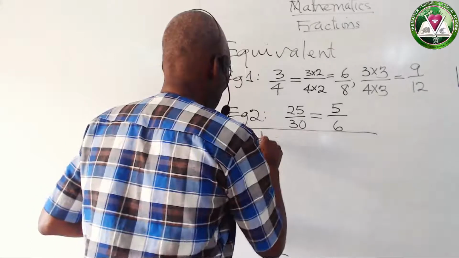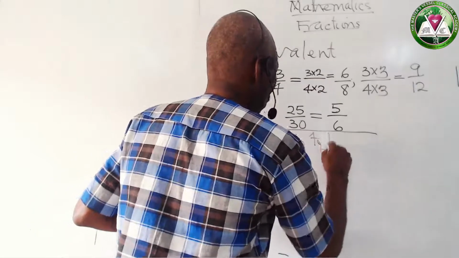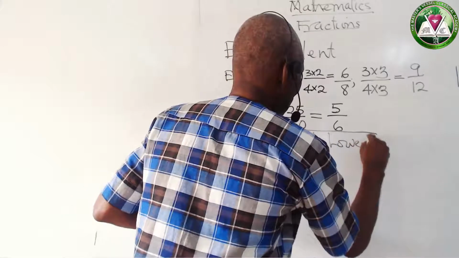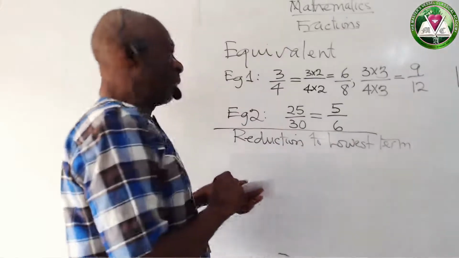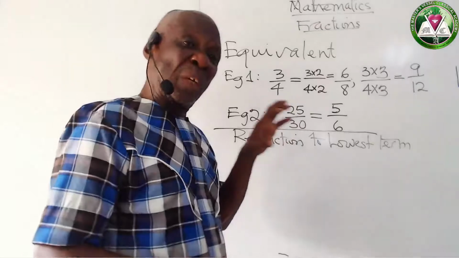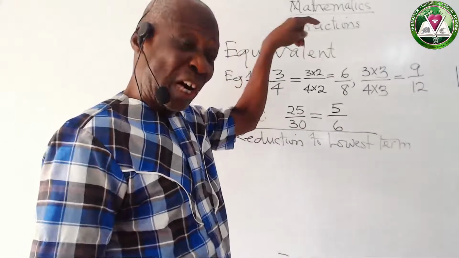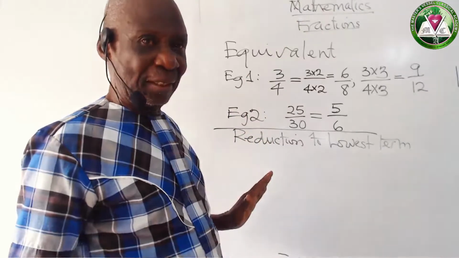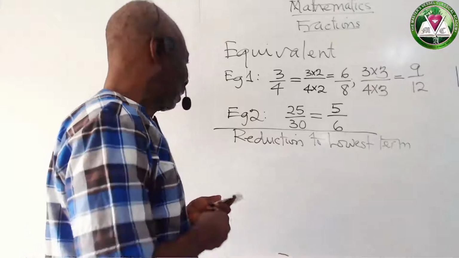Reduction to lowest term. What is the lowest term of a fraction? The lowest term of a fraction is that term in which it remains. There is nothing that can divide both numerator and denominator without a remainder. Then it means that such a fraction is in the lowest term.